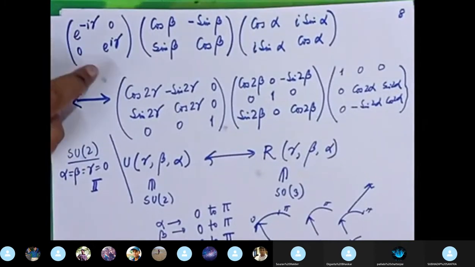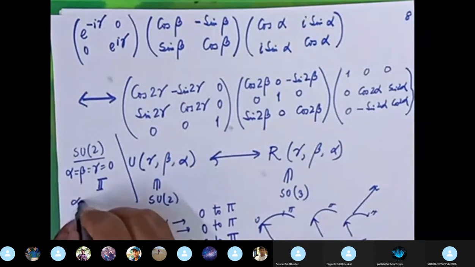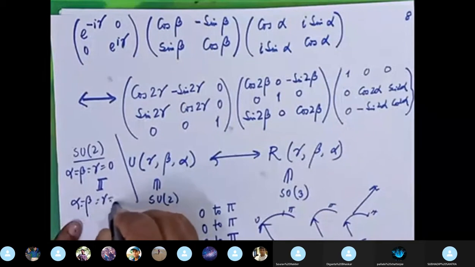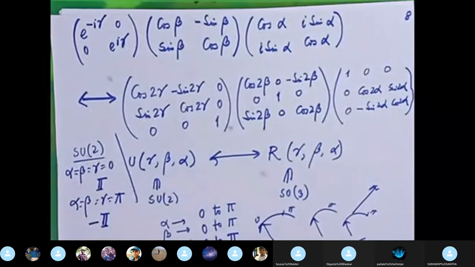Clear? We did some silly mistakes here earlier. When alpha, beta, gamma is equal to pi, then the SU2 matrix becomes minus identity.